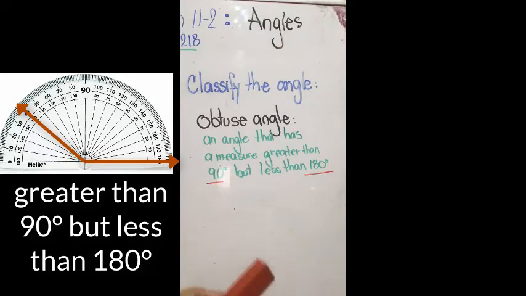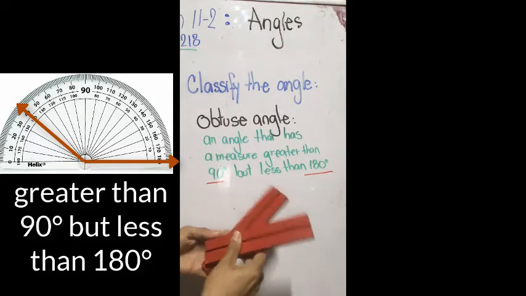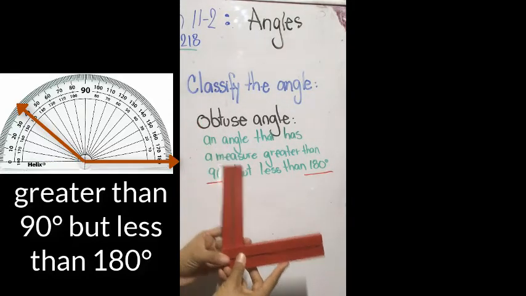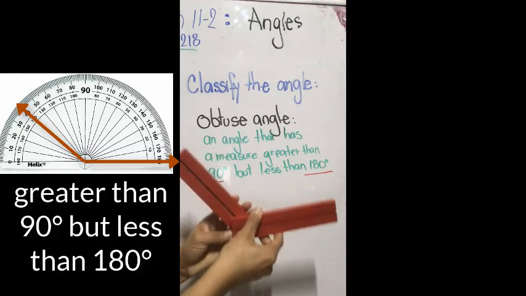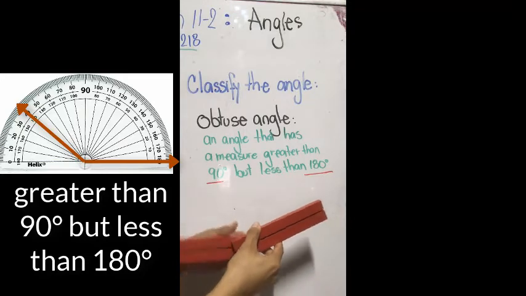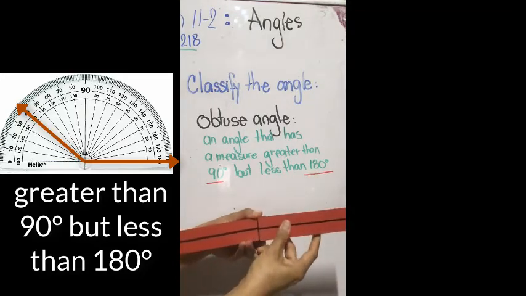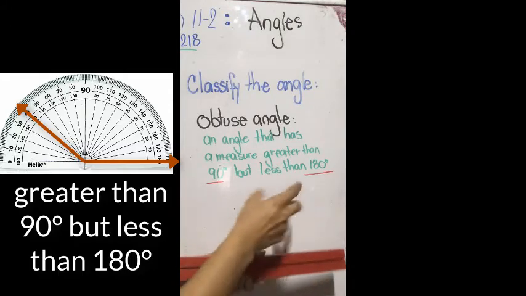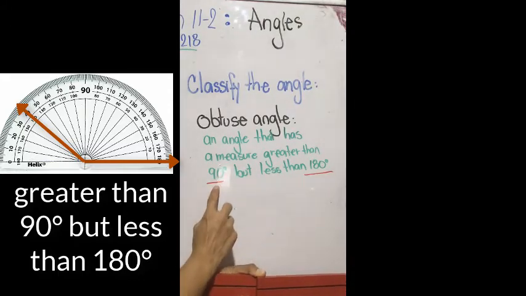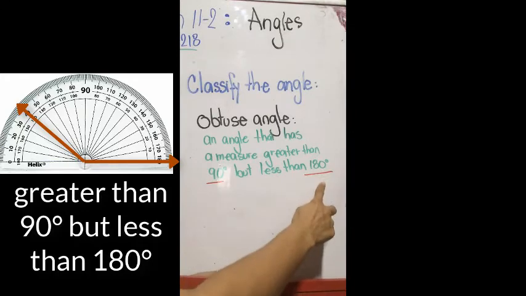Why more than 90? Remember, 90 is a right angle. It has to be more than 90. That's the obtuse. And not equal to 180, because 180 is on a straight line.